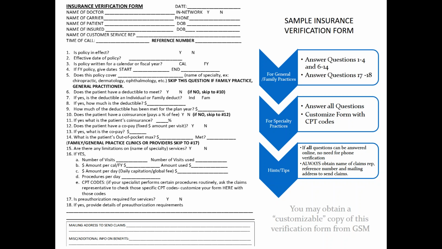Does the patient have a co-insurance or a cost share? Now the co-insurance, remember, is a percentage of the billed fee that the patient must pay as a cost share for that service, and that is after the deductible has been met. So the insurance company is not going to pay a penny until the deductible has been met.